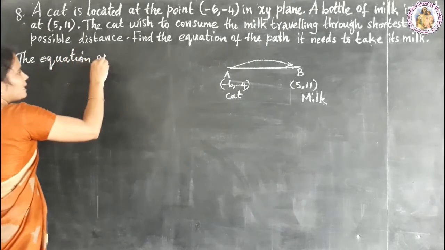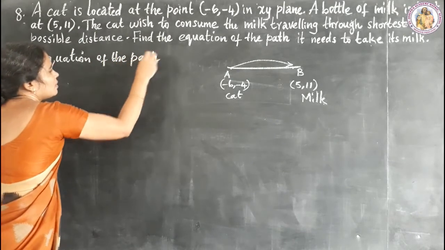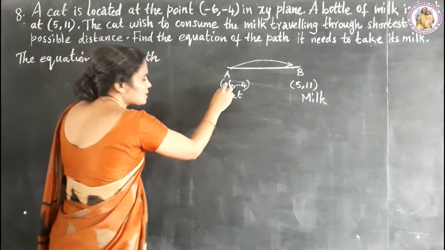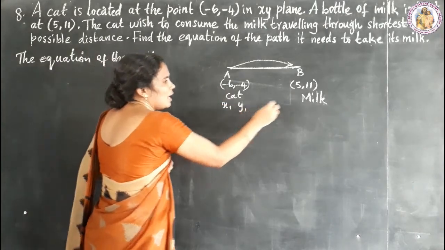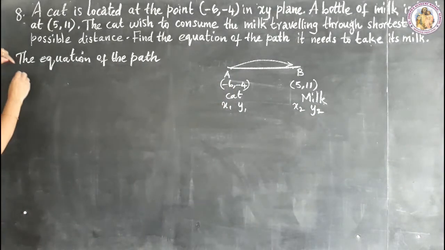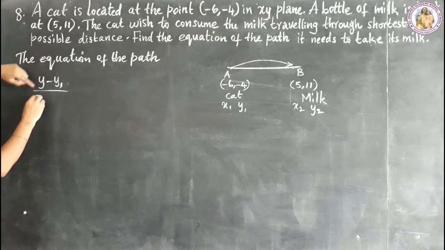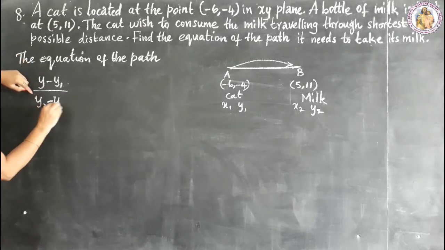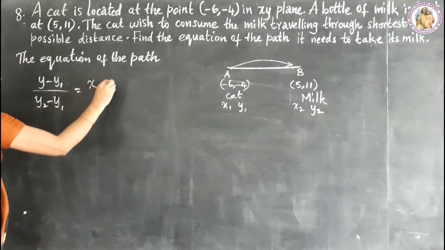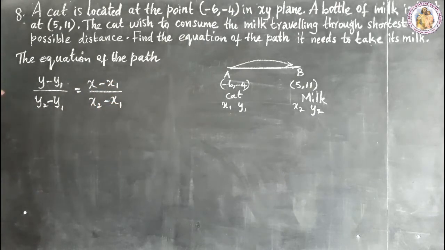The equation of the path: taking these as (x1, y1) and (x2, y2), (y minus y1) divided by (y2 minus y1) is equal to (x minus x1) divided by (x2 minus x1). Now substitute the values.